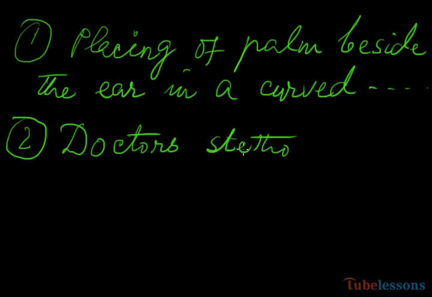In the doctor's stethoscope, the sound of the heartbeat is received, and this sound is reflected several times in the tube of the stethoscope and is heard distinctly and clearly by the doctor. So the sound of the heartbeat is received and reflected several times in the tube, and therefore it is heard clearly and distinctly by the doctor. So it is another practical application of reflection of sound.